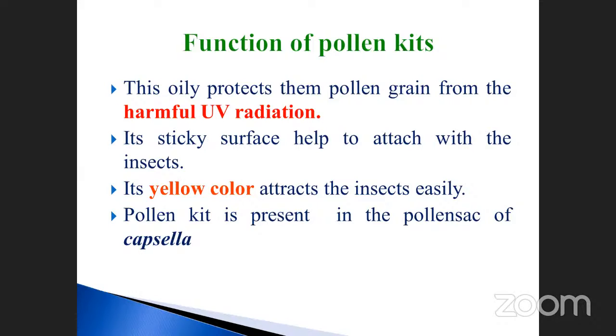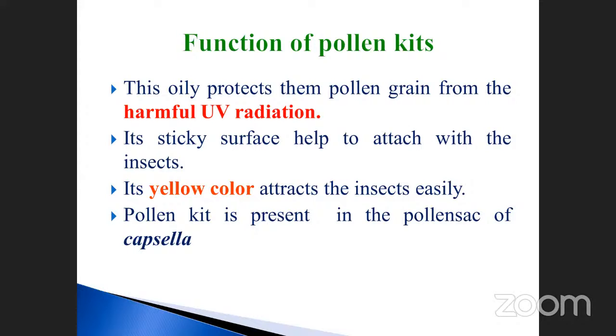Sometimes they may ask the question: the oily layer protects the pollen grains from the harmful ultraviolet. Instead of ultraviolet radiation, they may ask about infrared radiations. So be careful in this area. And the sticky surface helps to attach to the insects.